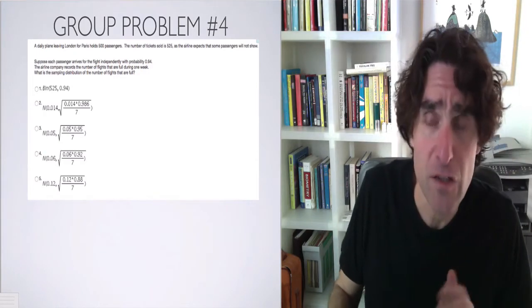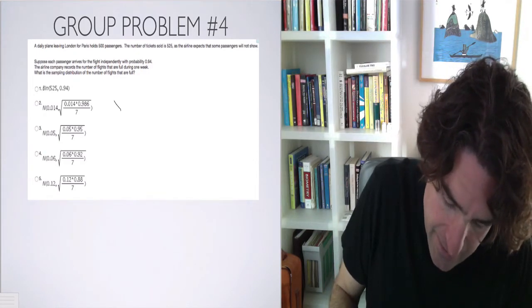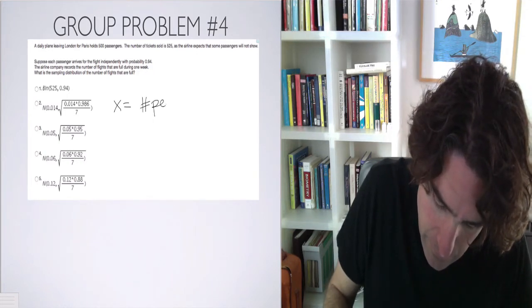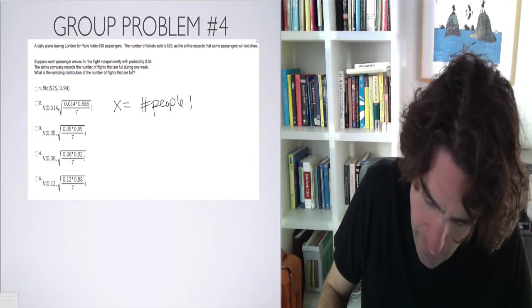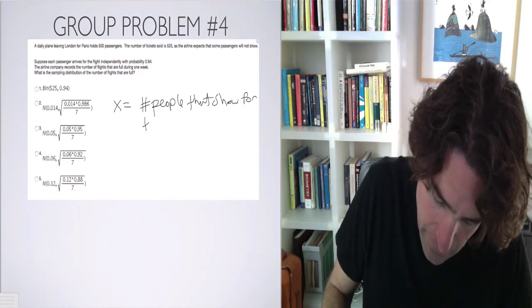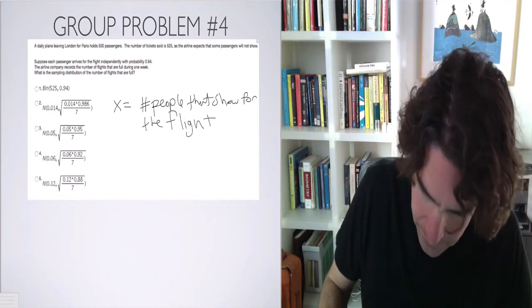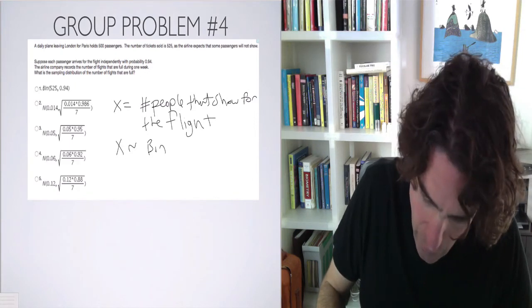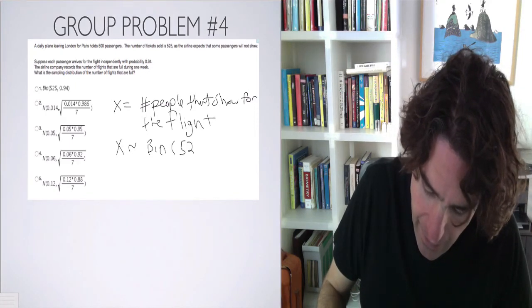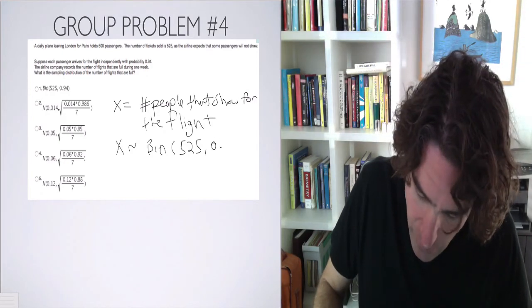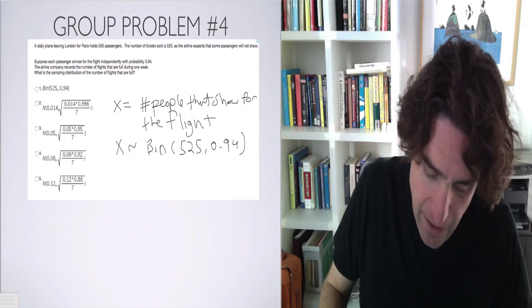Well, to solve this, let X be the number of people that show for the flight. Then X has a binomial distribution with n equal to 525, because that's the number of independent trials here, and the probability of showing for the flight is given as 0.94.